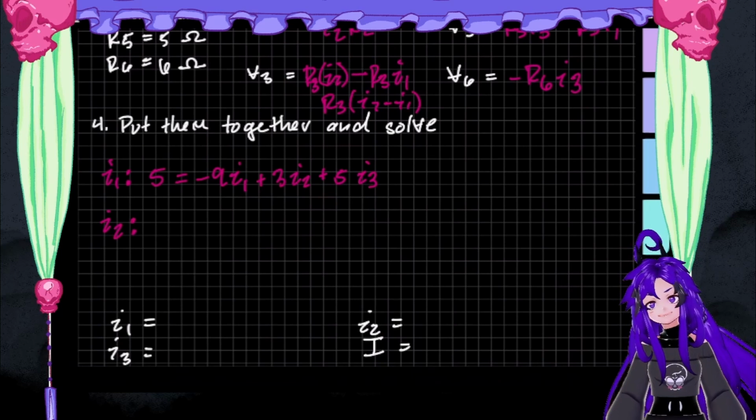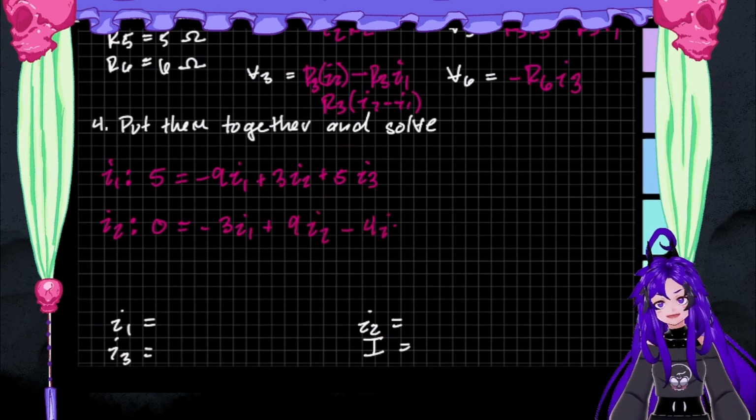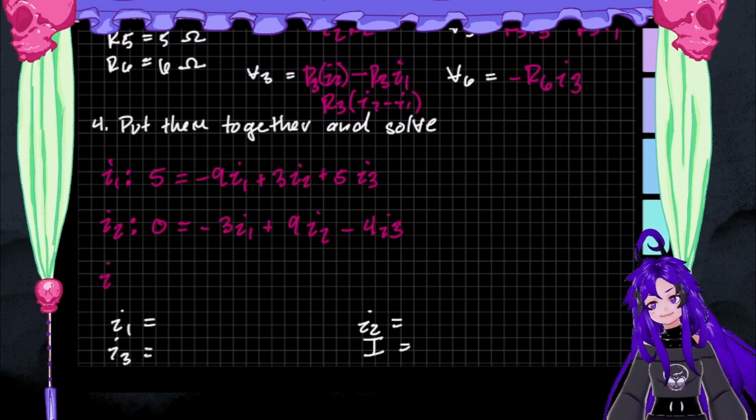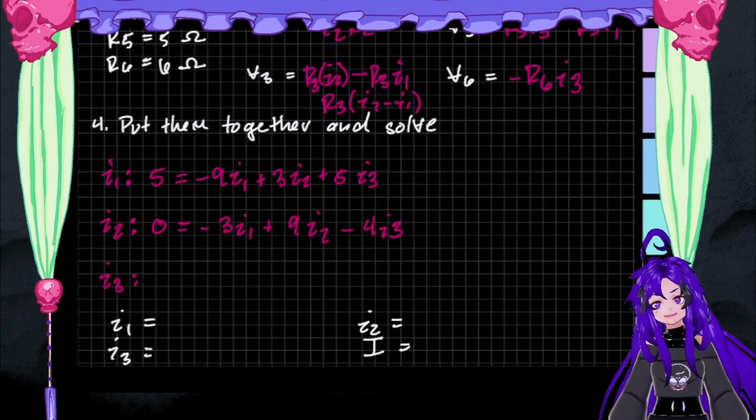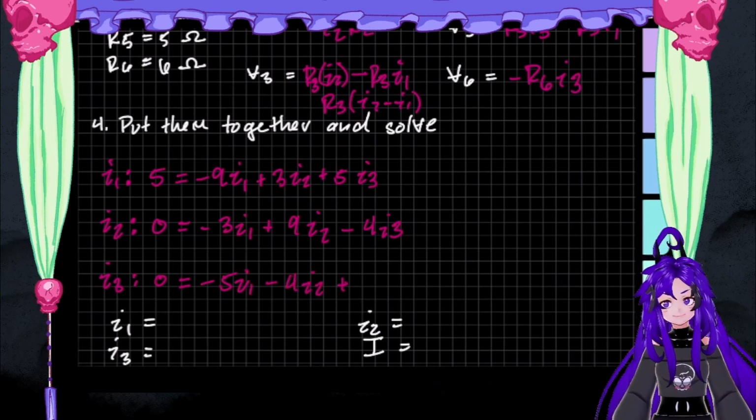The I2 equation is going to be 0 equals minus 3 I1 plus 9 I2 minus 4 I3. And then the I3 equation is going to be 0 equals minus 5 I1 minus 4 I2 plus 15 I3.